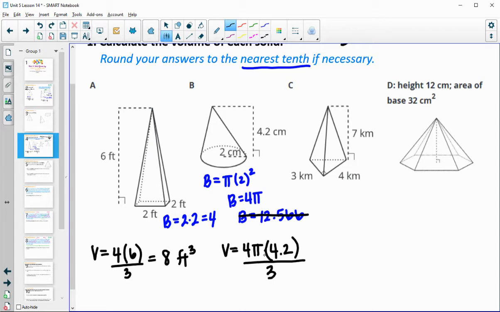So type all of that in your calculator at once. So the 4 times pi was that 12.566, times 4.2, and then divide that by 3. And you get the volume here as 17.59 or 17.6 centimeters cubed.